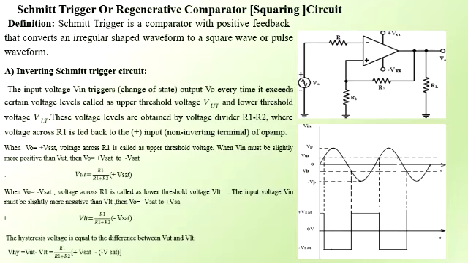Then VUT equals R1 divided by R1 plus R2, in brackets, times plus VSAT.